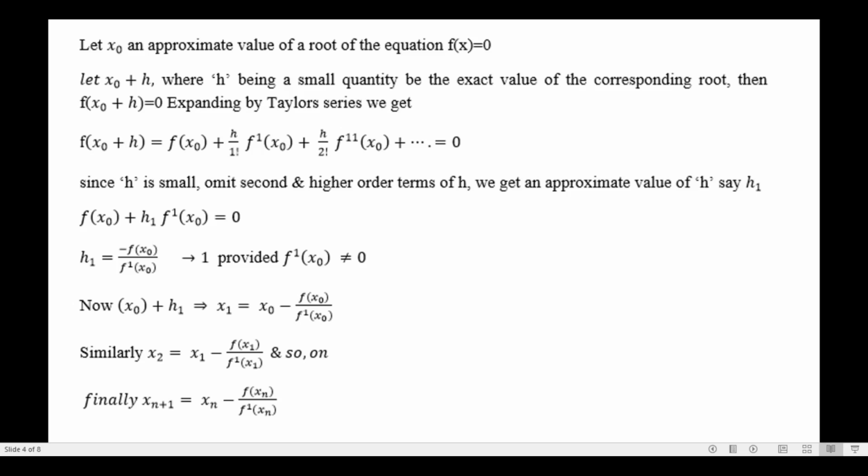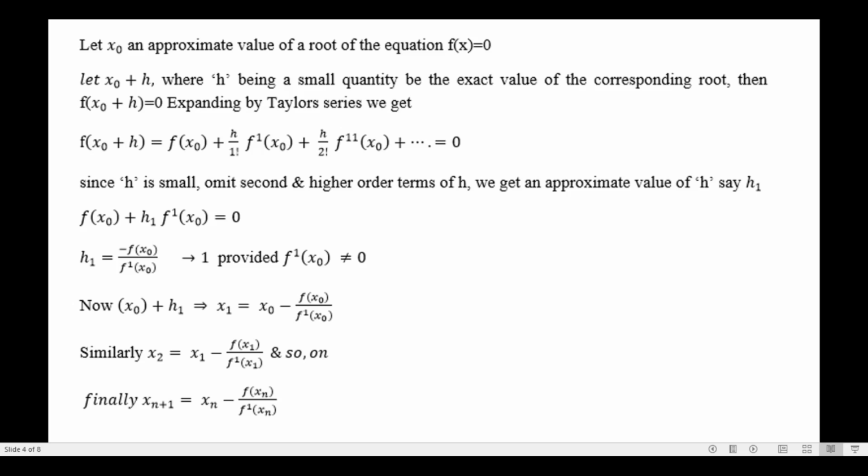If h is very small, let us consider h1 is equal to x naught plus h. We assume that h1, x naught plus h, is an exact root of f of x is equal to 0. If h1 is the root, f of h1 is equal to 0. That means f of x naught plus h is equal to 0.